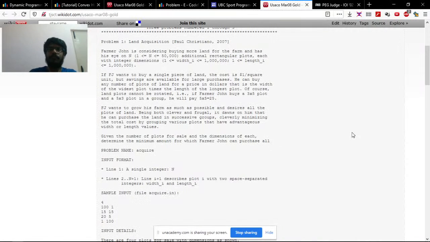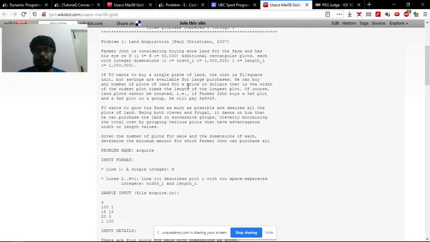So what is this problem? You're a farmer considering buying some land for the farm, and you have n rectangular plots that you would like to buy, and each plot is of course in integer dimensions, some wi cross li.